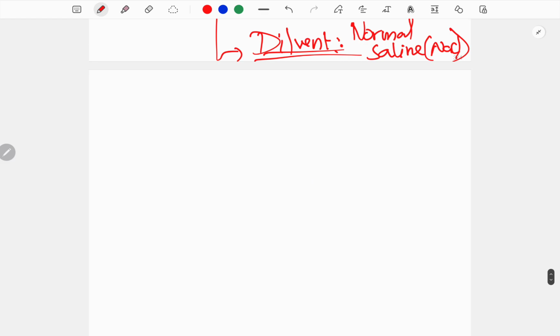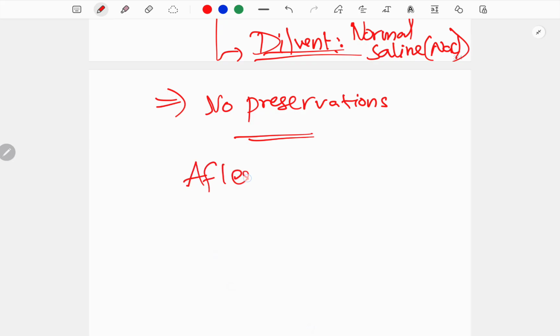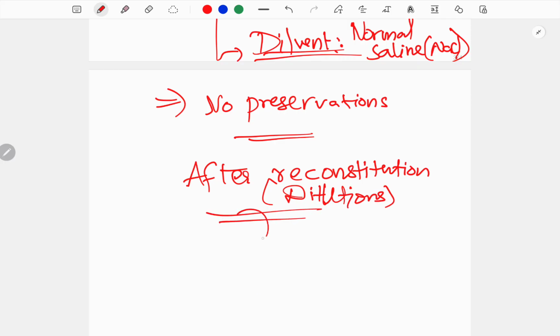So this BCG has no preservatives. So after dilution, that is after reconstitution, you should use this within 4 hours.